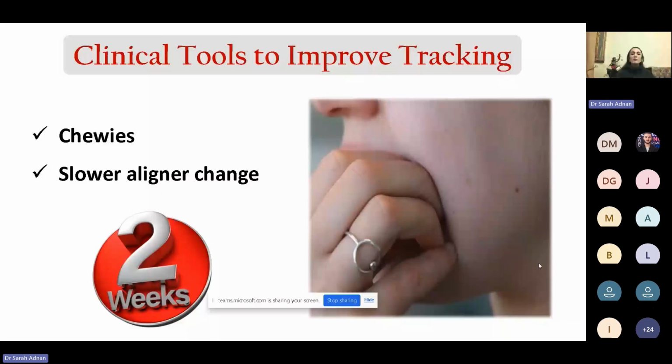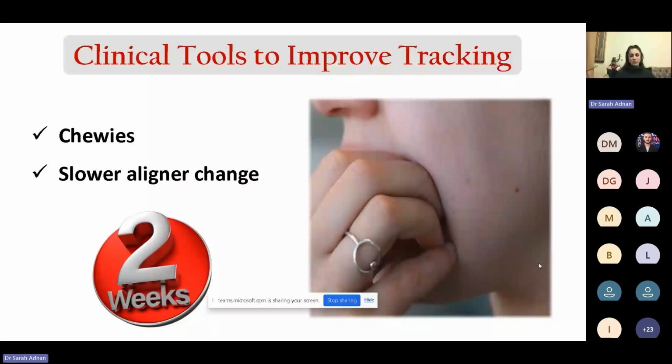We should respect the biological response. We should allow enough time for periodontal remodeling and bone remodeling to occur. Then after that, we can change our aligner for the next one.